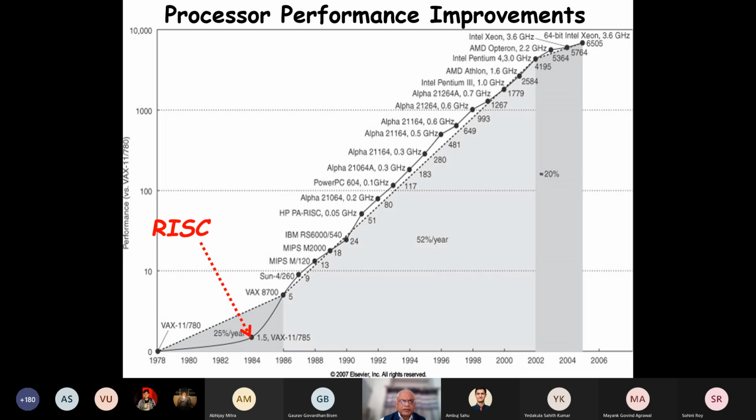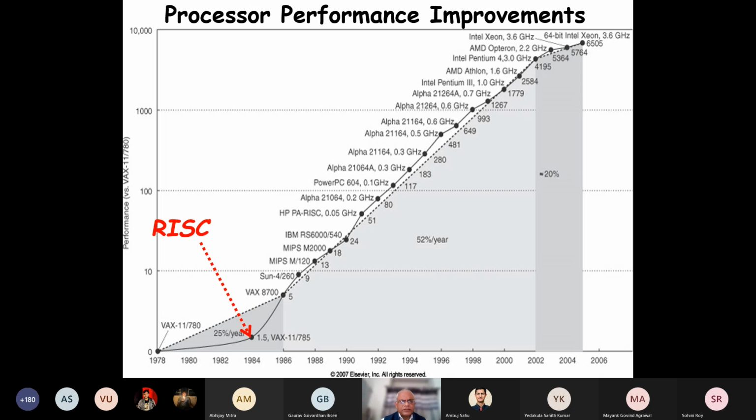And see here, initially it was rising very slowly, even though the number of transistors were increasing as per Moore's law, but the performance till 1984 was very low. See here, a very small slope. And suddenly in 1984, the slope became very steep. Performance increased very fast in 1984.